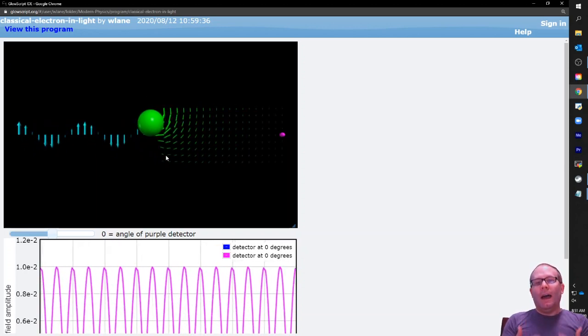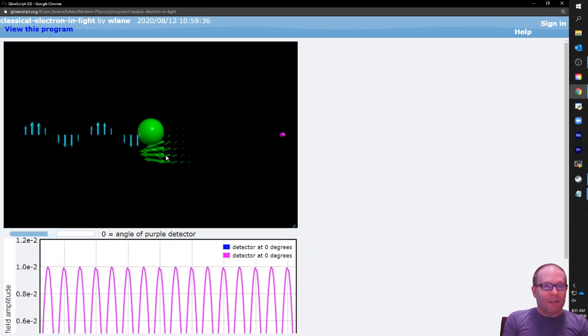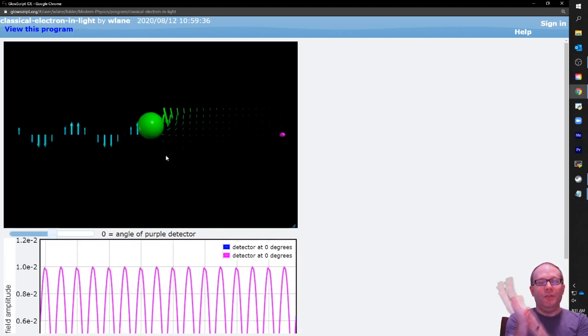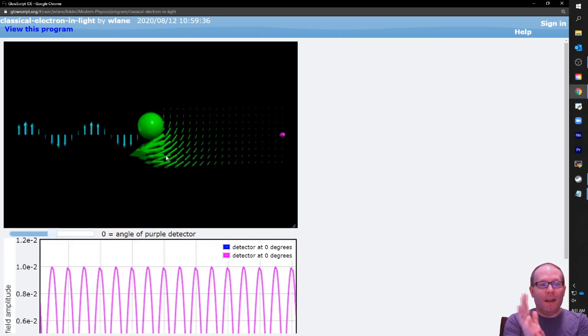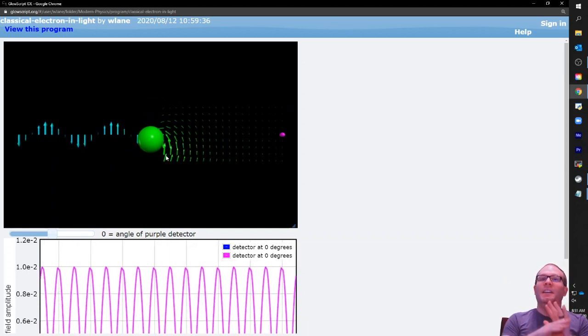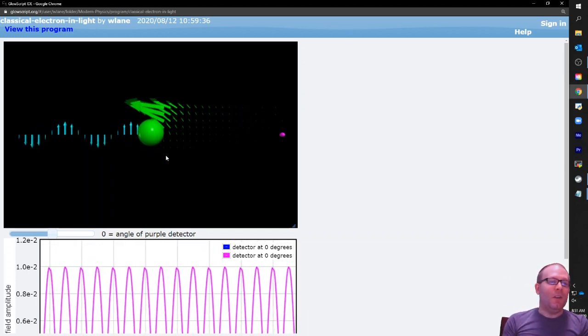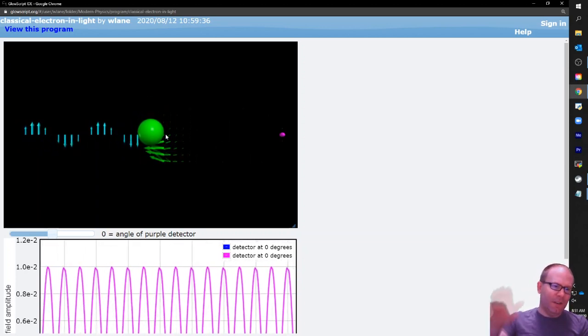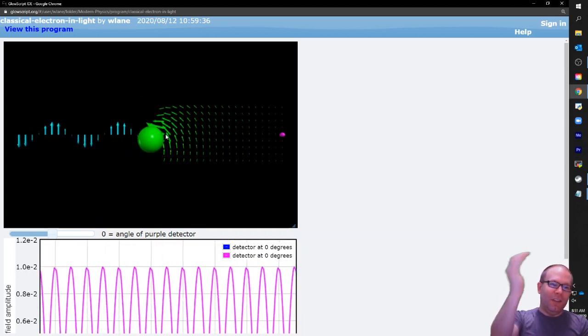One of the outcomes of classical electrodynamics is that an accelerating charge produces electromagnetic radiation. The math behind it is rather complicated, as we'll see in the code, but in this case it produces this really neat pattern where the field is kind of curving around the electron.